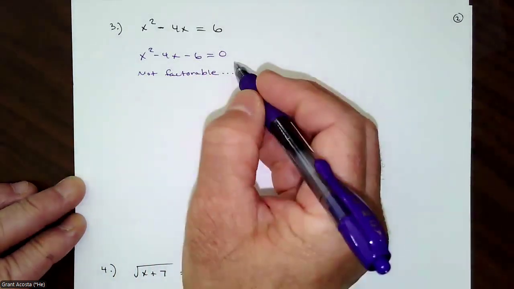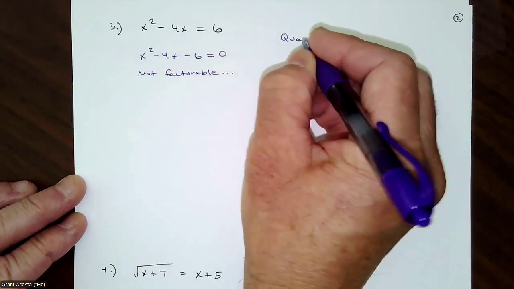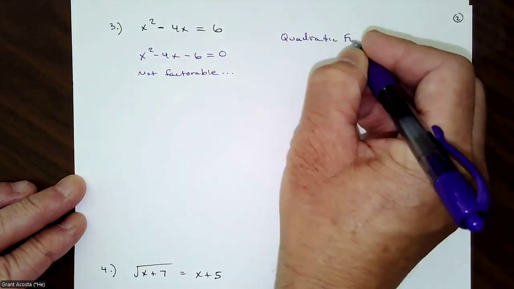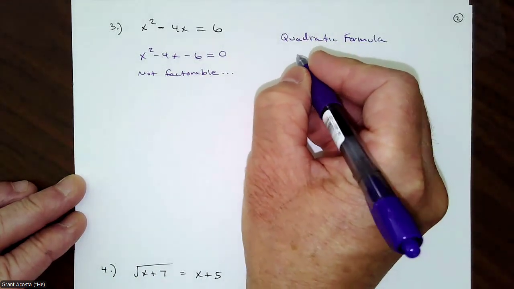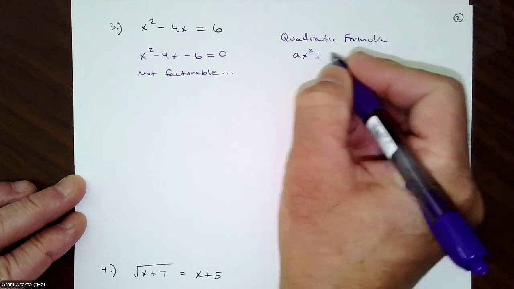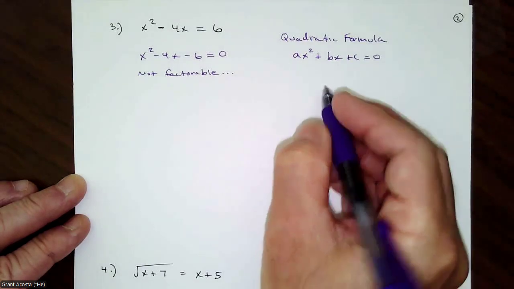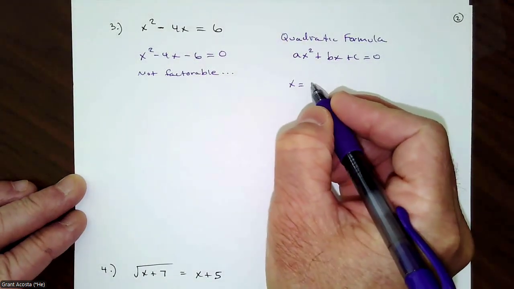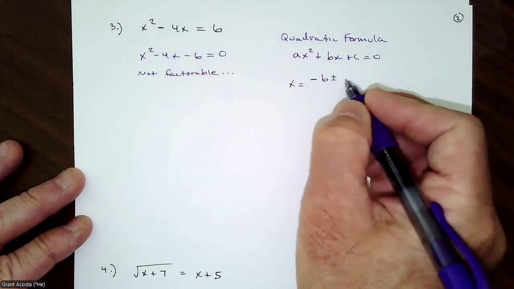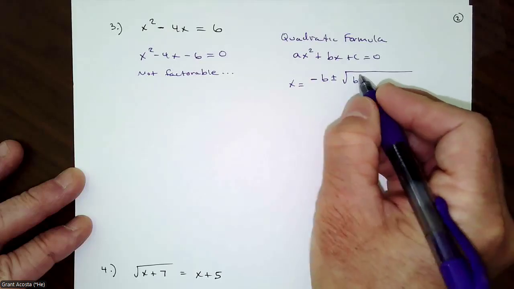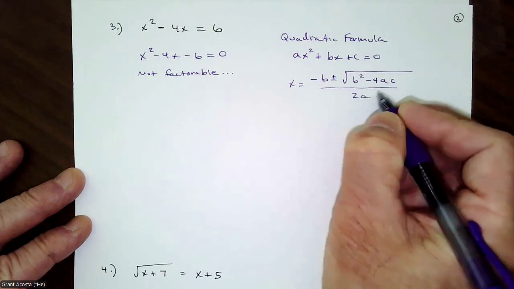Okay. So when that happens and it's a degree 2, it's a quadratic equation, we're going to go with the quadratic formula. And the quadratic formula says if you have a quadratic degree 2 equation that has the form of ax squared plus bx plus c is equal to 0, that the answer to this, and perhaps later we'll talk about where this comes from, is -b plus or minus the square root of b squared minus 4ac all divided by 2a.